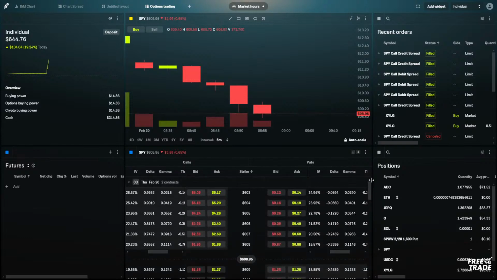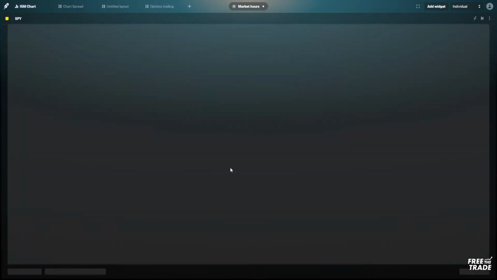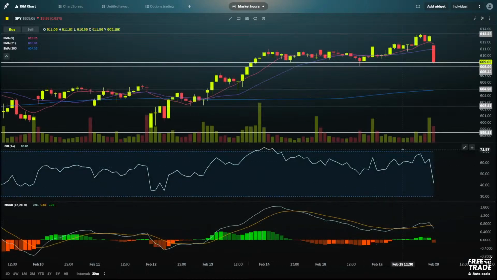I don't generally trade off of the delta. I have the experience of trading these options, so I kind of know what strike price is going to correspond with a 40 delta, for instance. I can look at this chart here, and in my mind I'm thinking, if I look at this, I'm probably going to see a 40 delta, for the put credit spreads, somewhere around a 608 or 609, and then like a 611, 612.